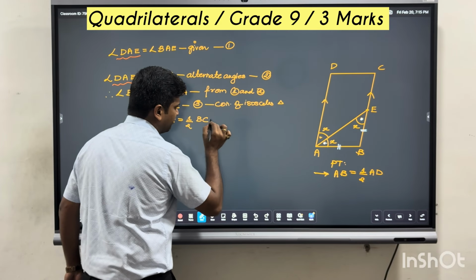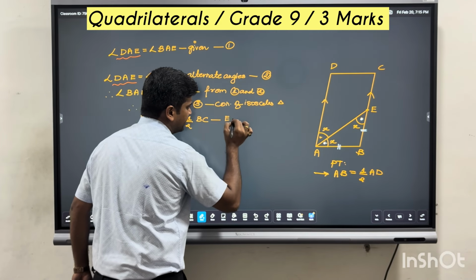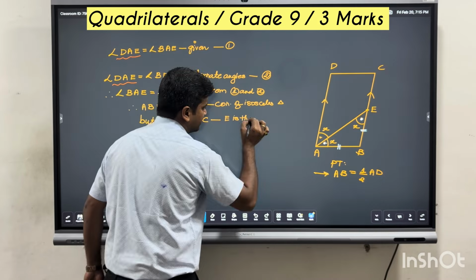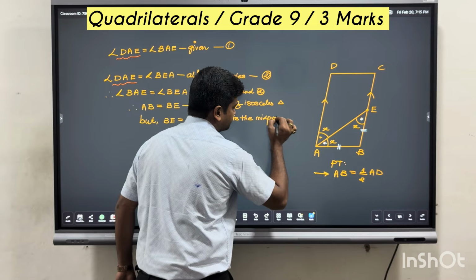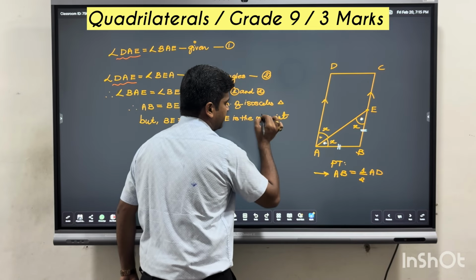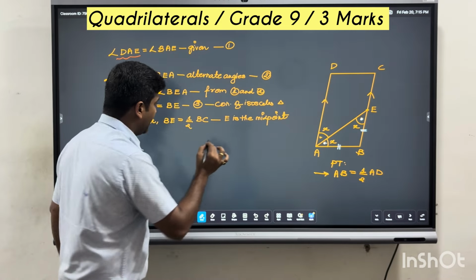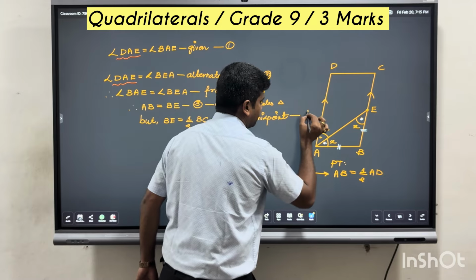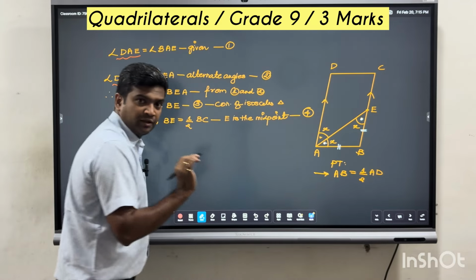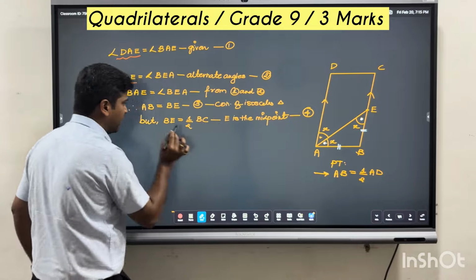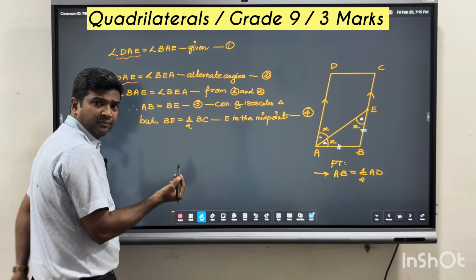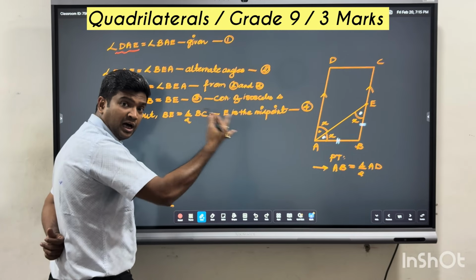I'll call this equation 4. Now children, please understand this step. Pay attention to 3 and 4. AB is equal to BE, but BE is half of BC.